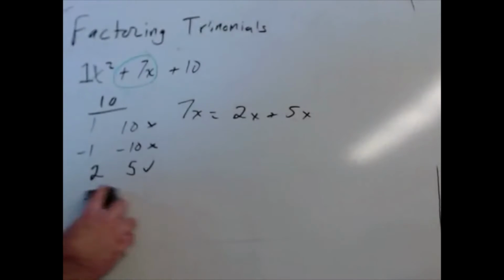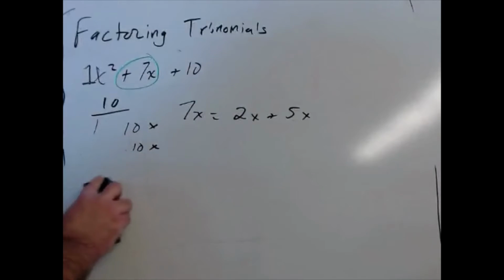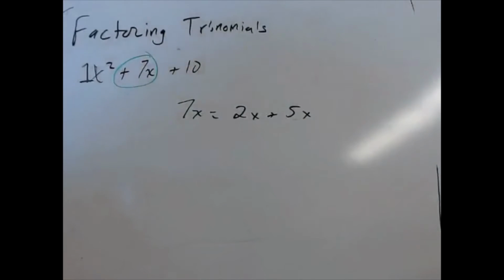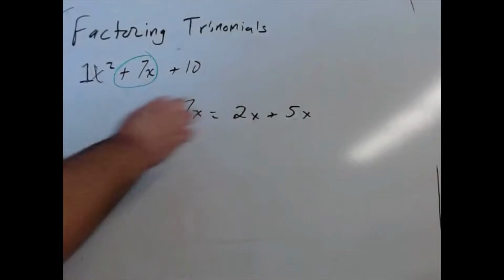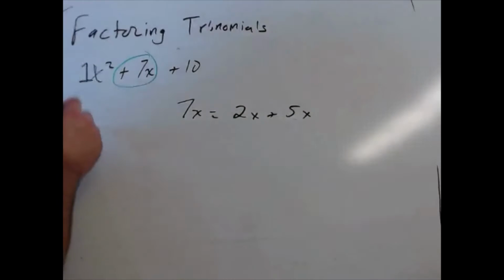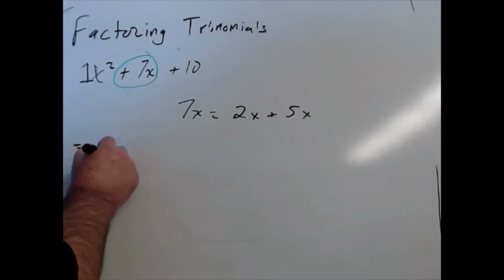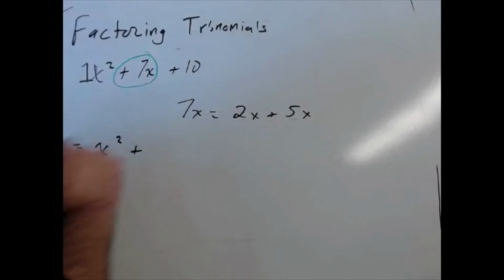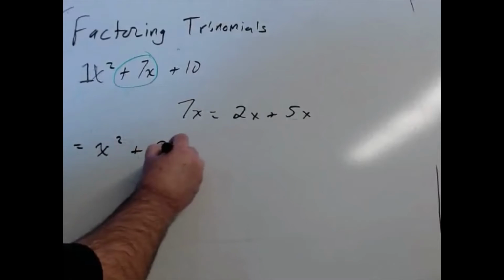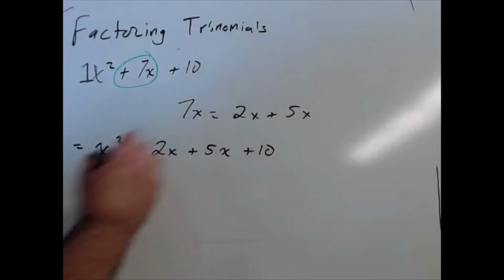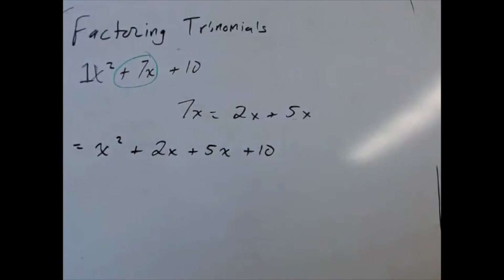So instead of having now a trinomial with 3 terms, this middle term gets split into 2, which will end up giving me 4 terms. So this original becomes, leave my x squared, my 7x is written like this instead, so plus 2x plus 5x, and then plus 10. So now, as you can see, I've got 1, 2, 3, 4 terms.